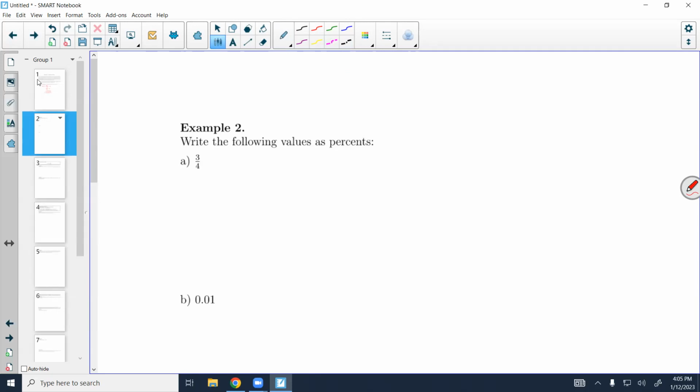Okay, some more. Write the following values as percentages. Well, this is the same as saying 3 divided by 4.